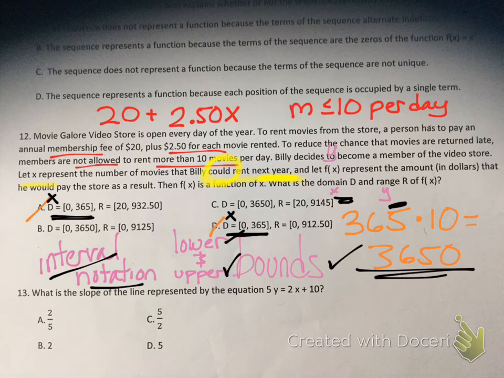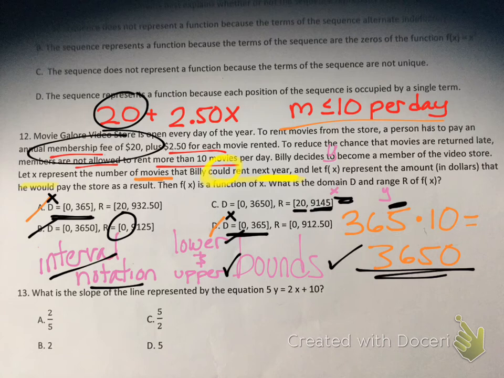The other way you could look at this problem is to try to figure out the cost. Basically, if the membership fee is $20 no matter what, and each movie is $2.50 to rent, you just take $2.50 and multiply that by 3,650, and you'll wind up getting 9,125.